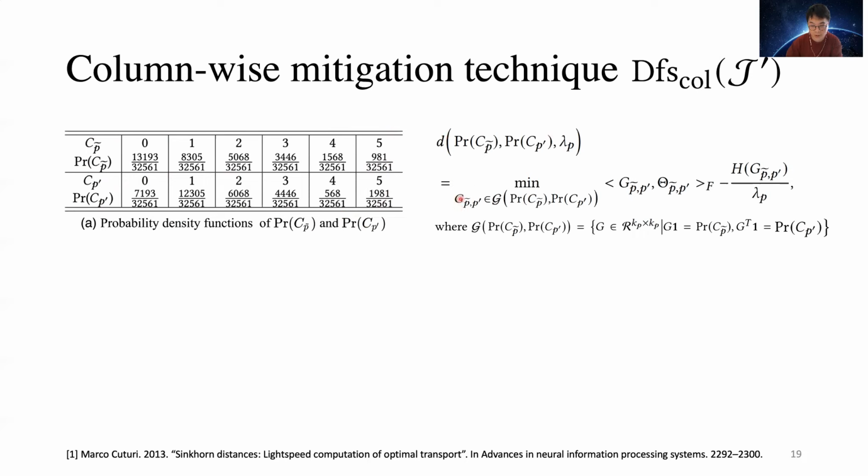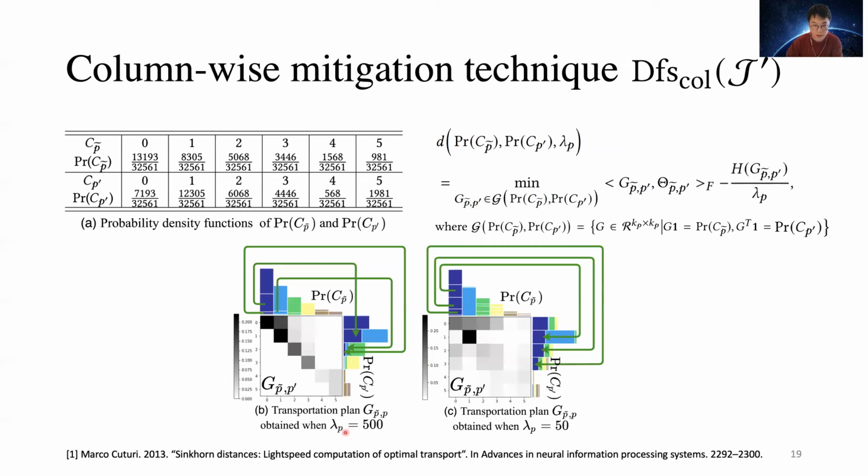Essentially, the decision parameter is a mass transportation plan. We want to obtain a mass transportation plan such that the cost of the mass transportation is minimized, and we have a tuning parameter for it.